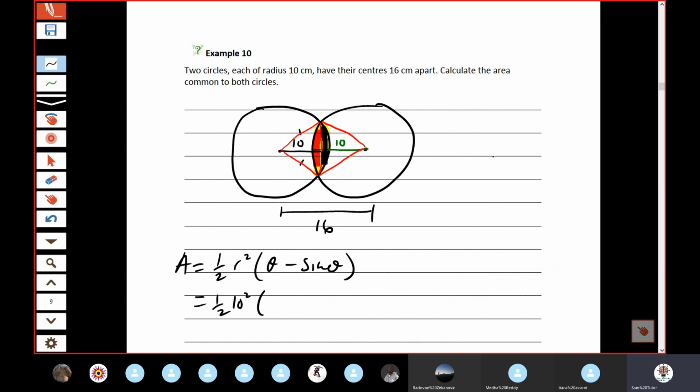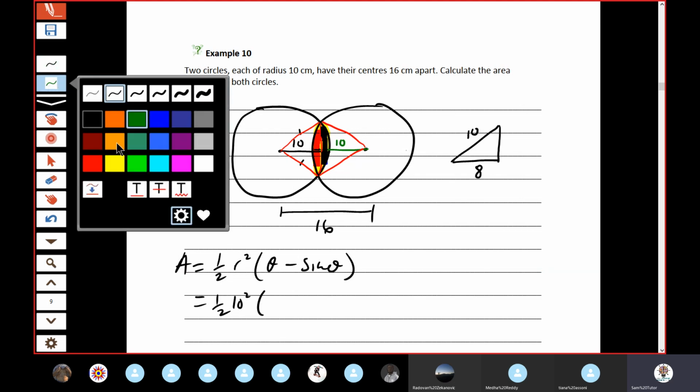Okay, so this is 10. Wait, let me just make sure. Yeah, no, it cuts halfway. So that's 10. That plus that, that's 8. Smart. Okay, so how am I going to show this to you guys?